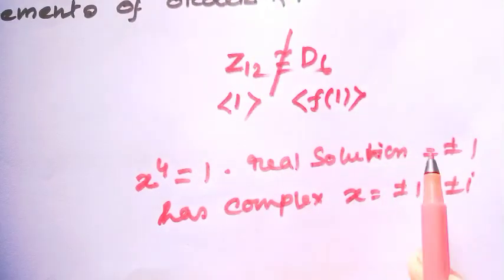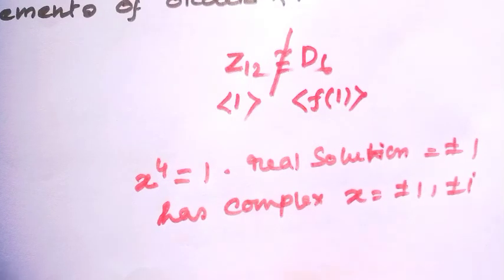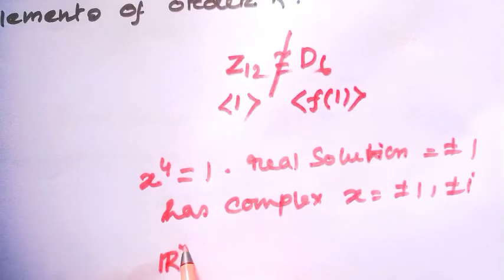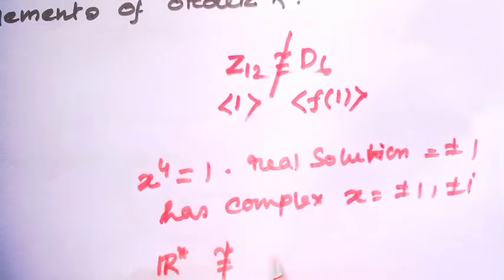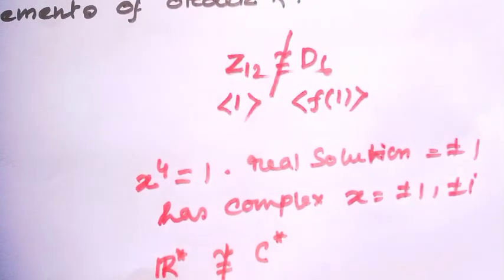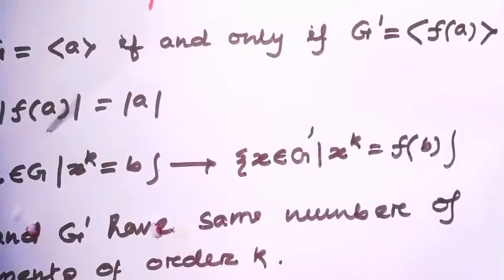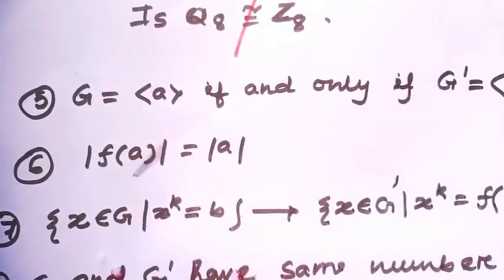Since the solutions are not the same, the non-zero real numbers with respect to multiplication are not isomorphic to the non-zero complex numbers with respect to multiplication. Are you getting this property, this seventh property?